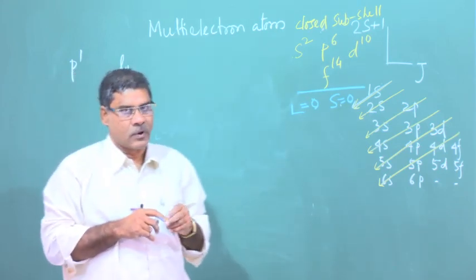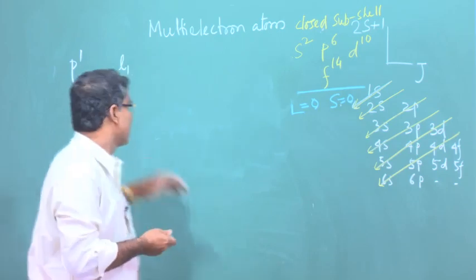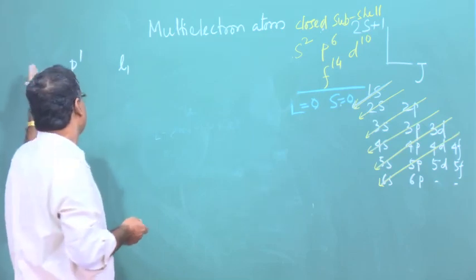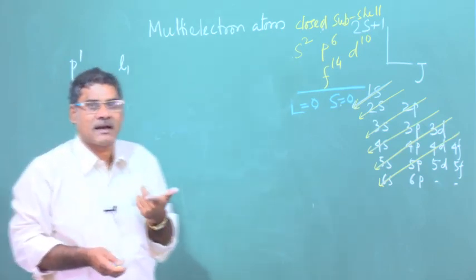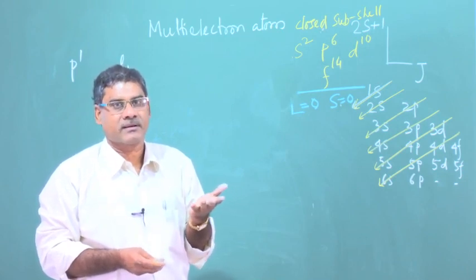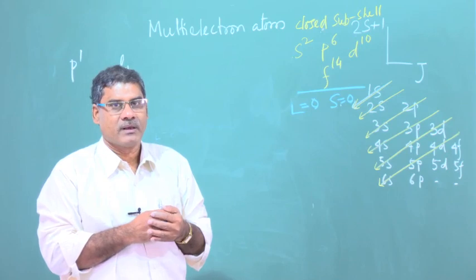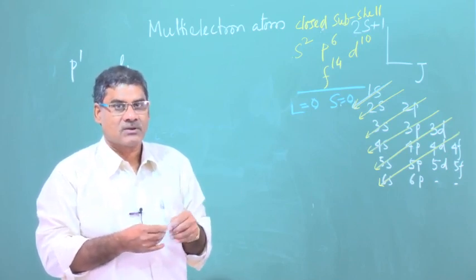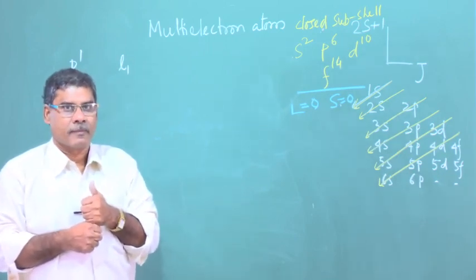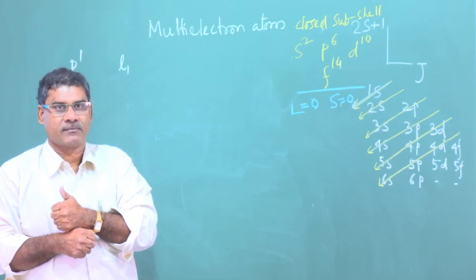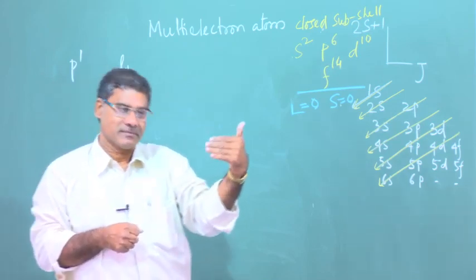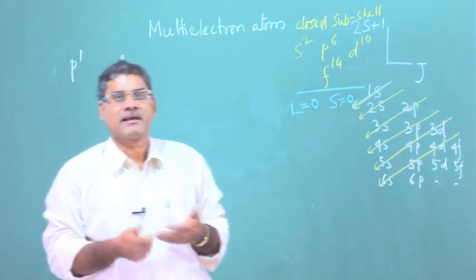So, for lithium, 1s2, 2s1. So, for 1s2, L is 0. For 2s1, there is only 1 electron. Okay. So, I have to find out L and S for that. So, it is like a single electron, like the hydrogen atom. That is why in lithium, in sodium, then potassium, all alkali atoms, you will see that except for the outer electron, for the rest of the electrons L and S are 0.